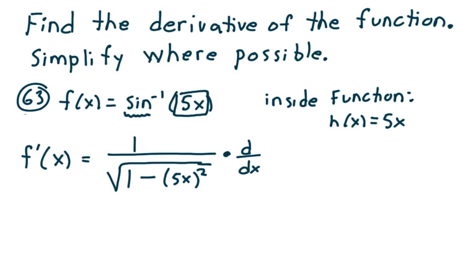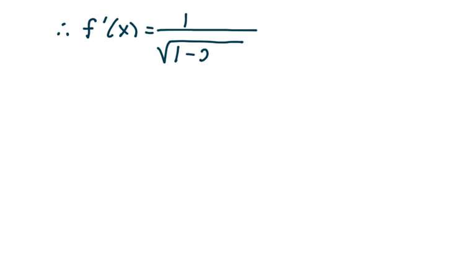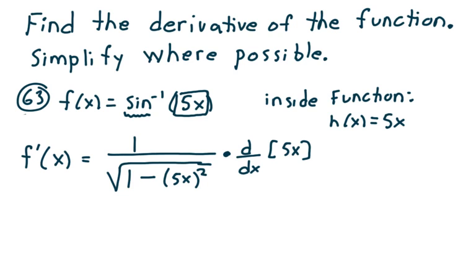So in other words, I'm going to multiply by the derivative of 5x with respect to x. Now, 5x quantity squared is 25x squared. And so therefore, f prime of x is 1 over the square root of 1 minus 25x squared times the derivative of 5x with respect to x, which is 5.